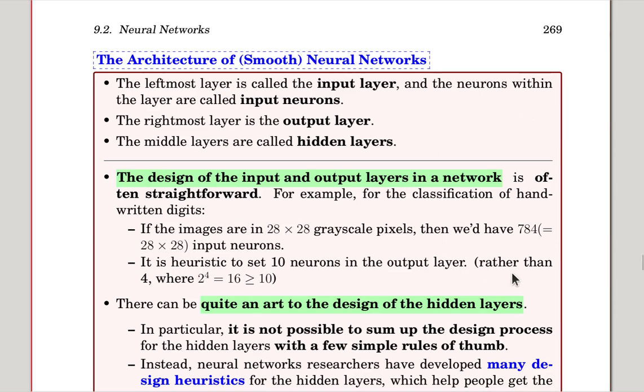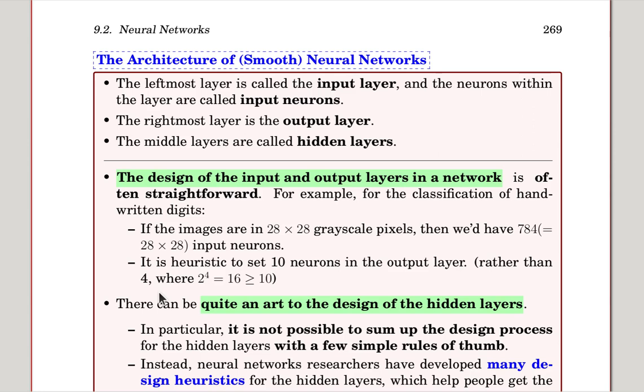Rather than 10, you may consider 4, since with binary classifiers, if you put together 4 of them, each one has 0 or 1, so the total number of different outputs can be 16. You may try to use 4.